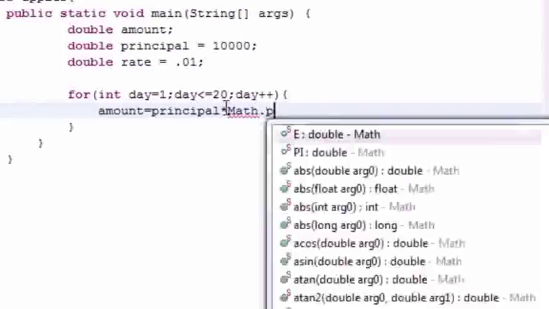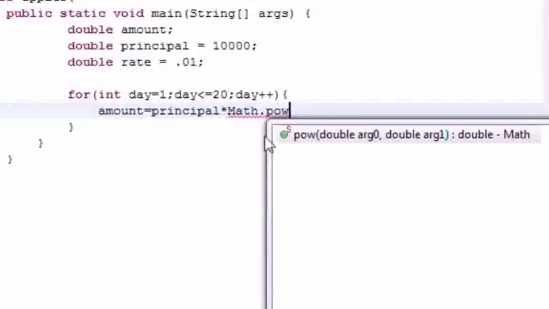You can see right here that it takes 2 arguments. The first argument is what's in the parentheses, and the second argument is the exponent. Let's add those arguments right here.